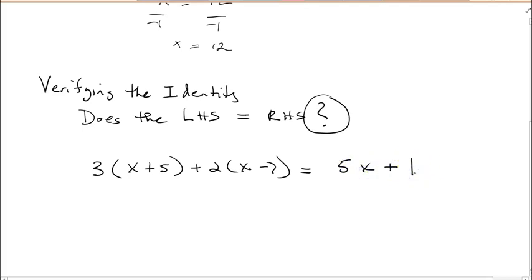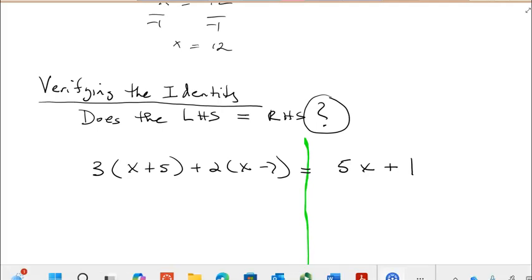Now, because we're verifying, the way you need to think about this is a very strict line, straight down. Sorry, I'm outside and my dogs are going to bark. And what that line is essentially saying is you cannot move anything from either side.